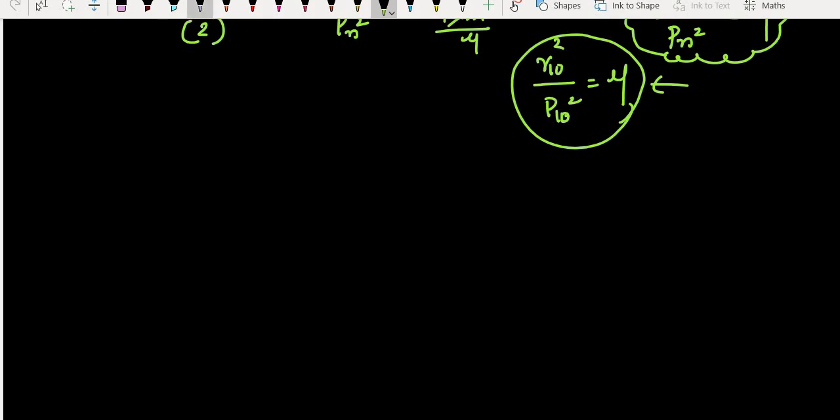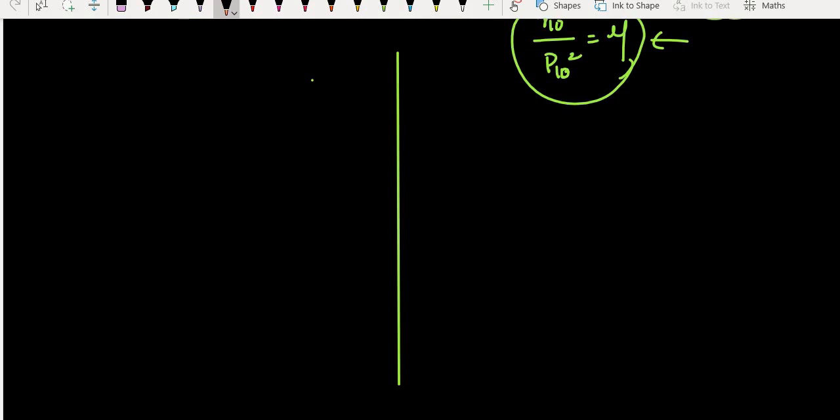For that, let's recollect the equation for the wavelength. In the case of air, lambda is equal to d square n plus k minus d square n divided by 4kR. This is in the case of air film.